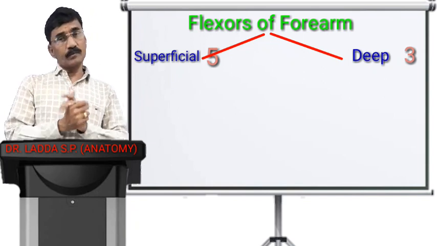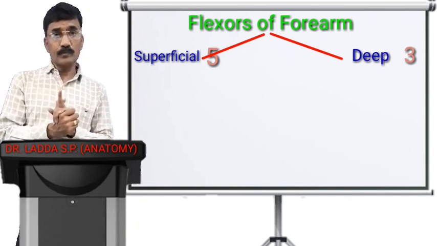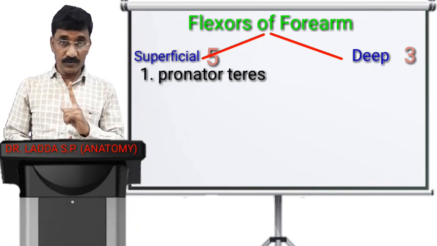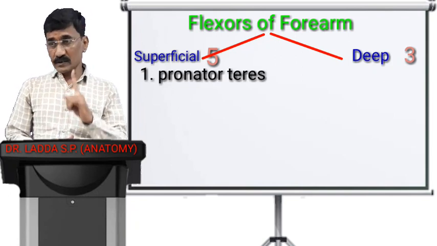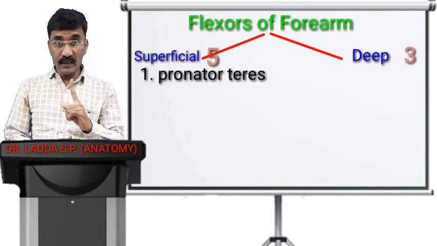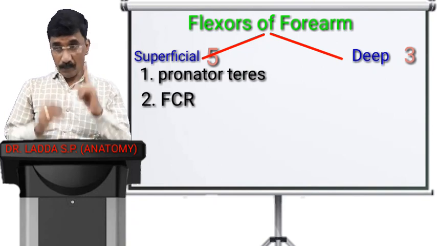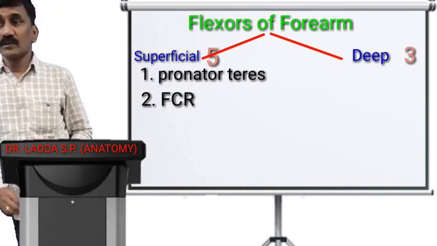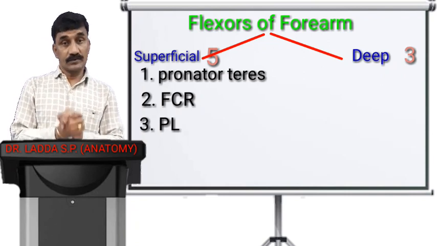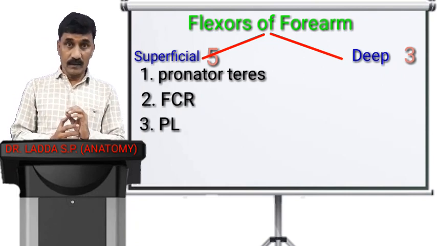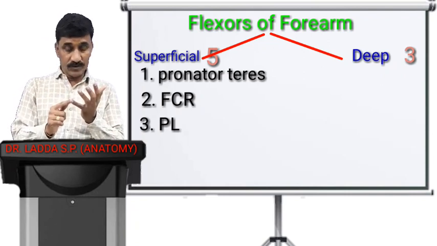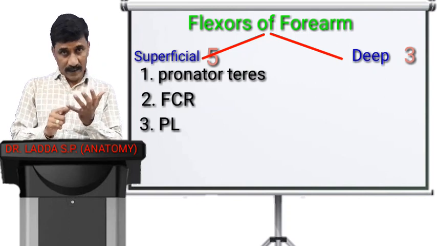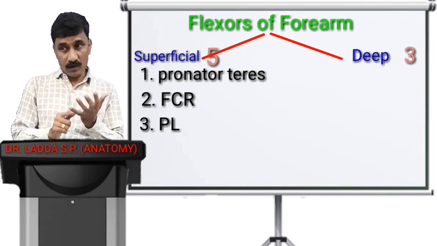Which are those 5 superficial muscles? First is pronator teres. Second is flexor carpi radialis. Third is palmaris longus.